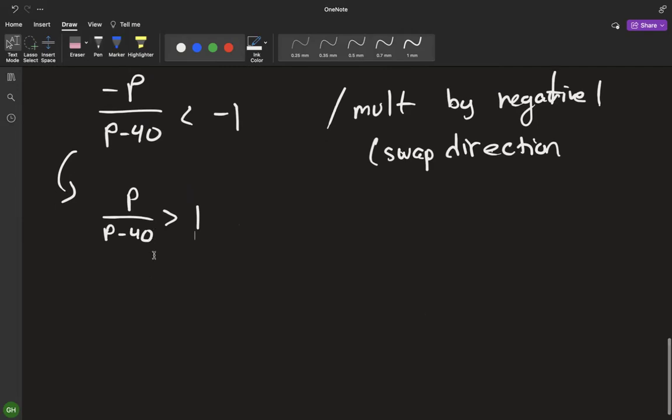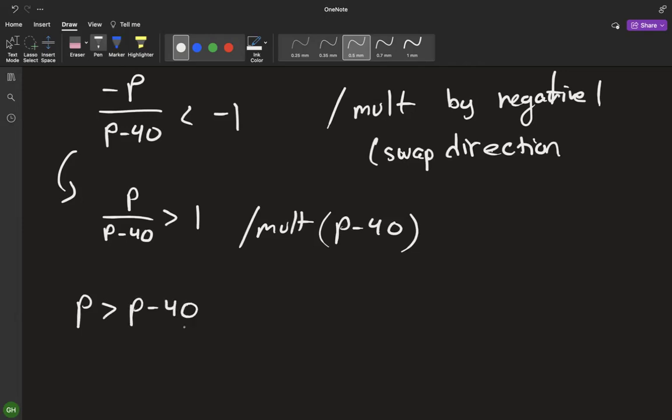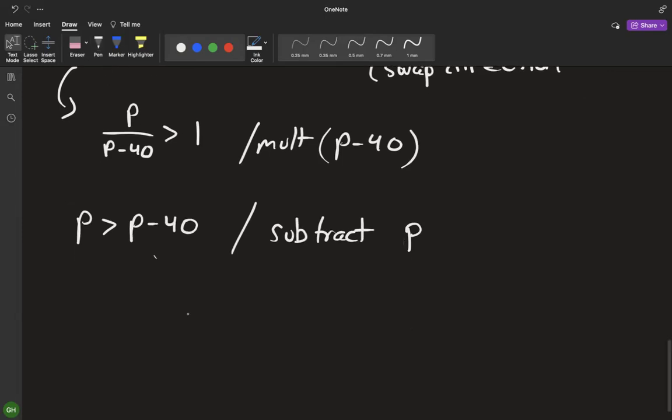All right, so from here, I'm just going to multiply by the denominator on both sides. So multiply by P minus 40. So I get P is bigger than P minus 40. And now, I'm going to subtract P. And I'm going to get 0 is less than negative 40.